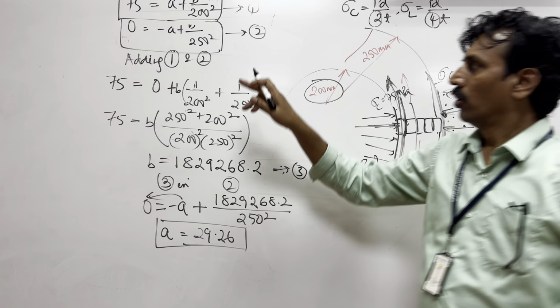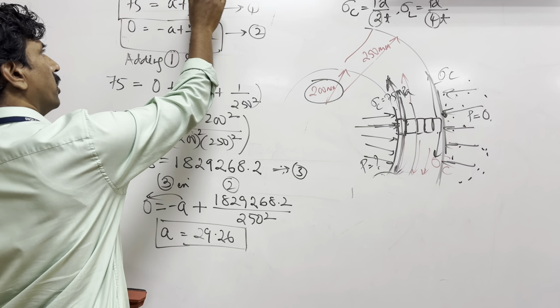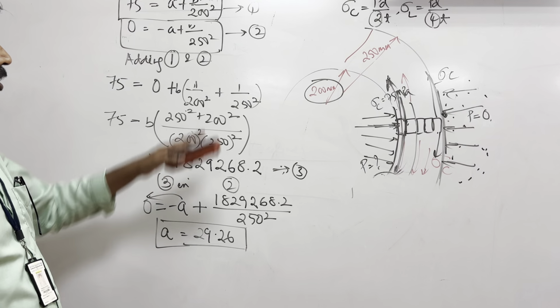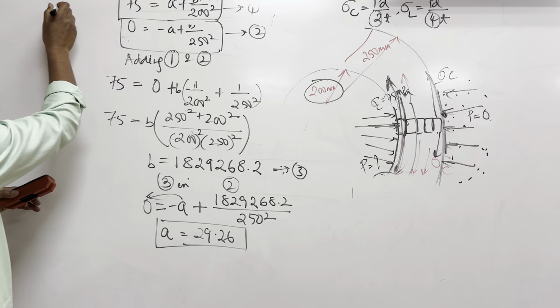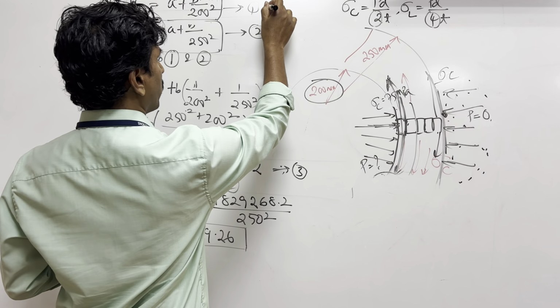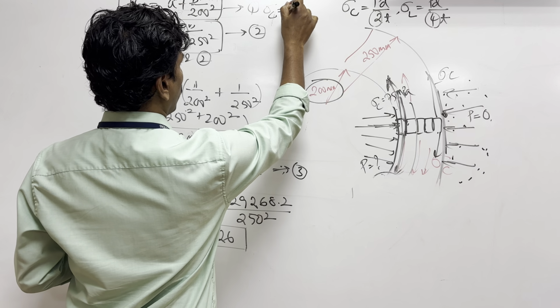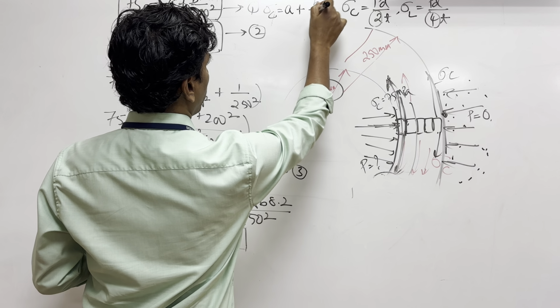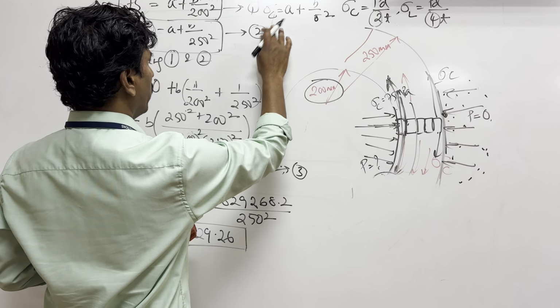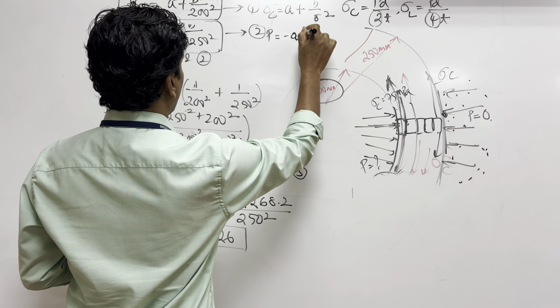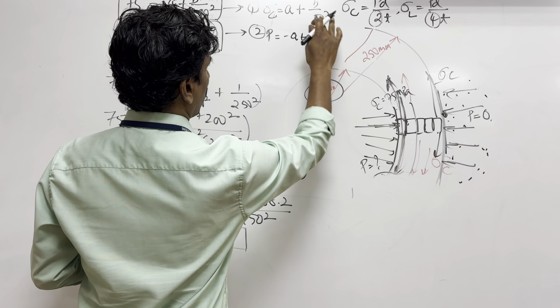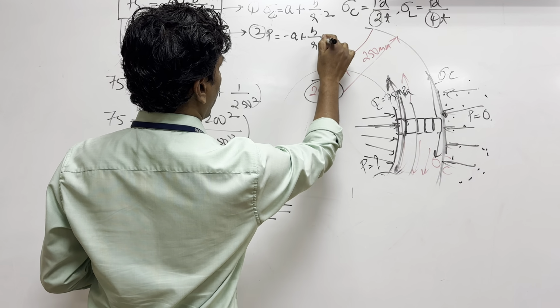Now, since I know the value of A and B, this equation is sigma C is equal to A plus B by R square. And here P is equal to minus A plus B by R square.